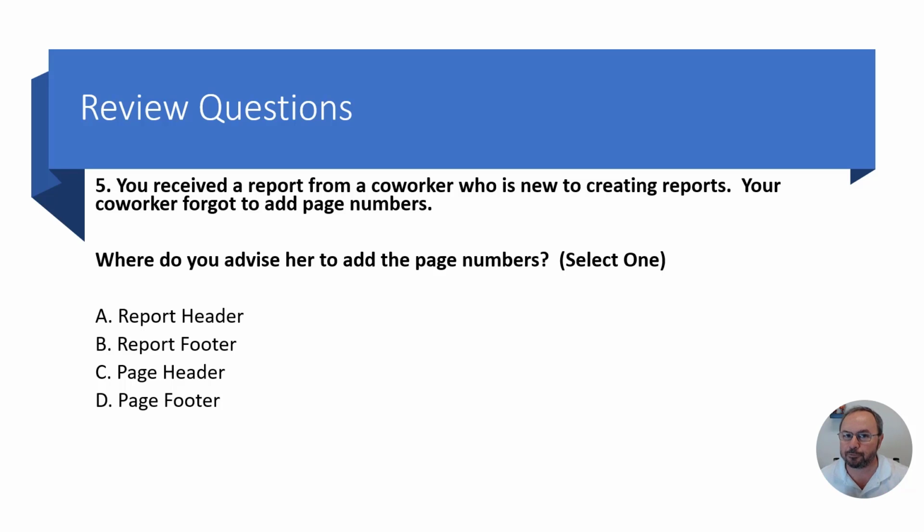You received a report from a coworker who is going to be creating reports. Your coworker forgot to add page numbers. What do you tell her on how she should add these page numbers? Again, remember, this type of question seems really simple.